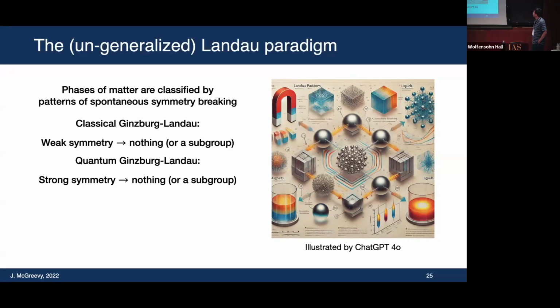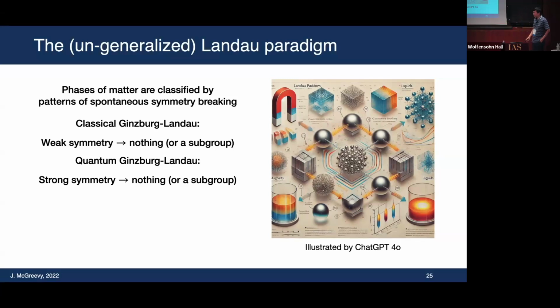Okay? And now with this notion of strong and weak symmetries, we can state it a little more precisely. So the classical Ginsburg-Landau, if you really think about it as quantum statistical mechanics with density matrices, is about spontaneously breaking a weak symmetry to no symmetry, or maybe a subgroup of that weak symmetry.